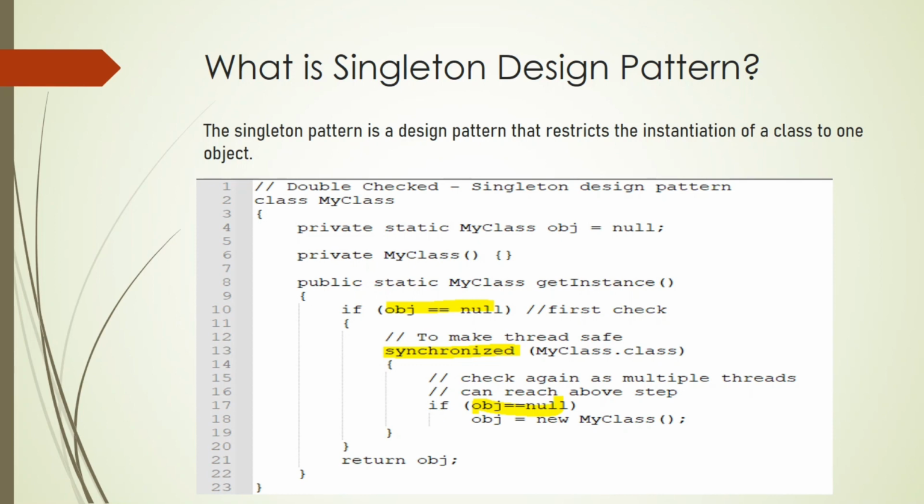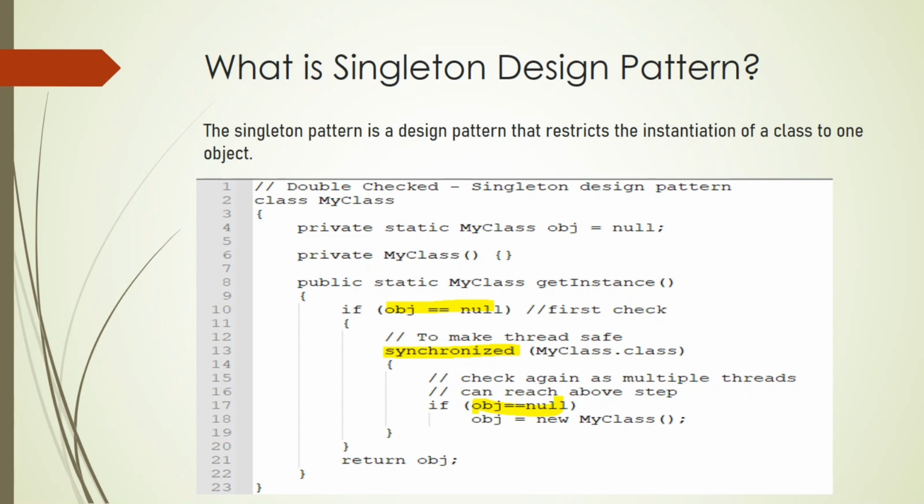See, at line number 10 and line number 17 there are multiple checks for the object. So we are checking 2 times that the object is null, and only then return the instance of my class. And also this is synchronized, so that this can be used in multi-threaded applications. So even in a multi-threaded application there will be only one object.